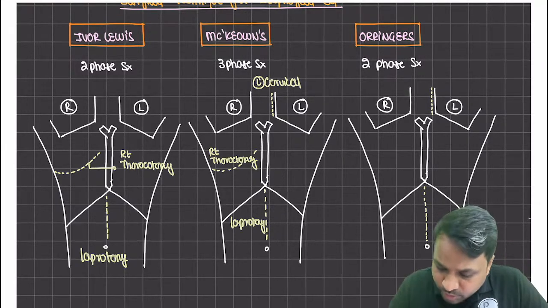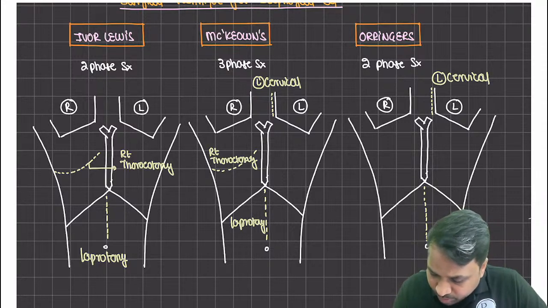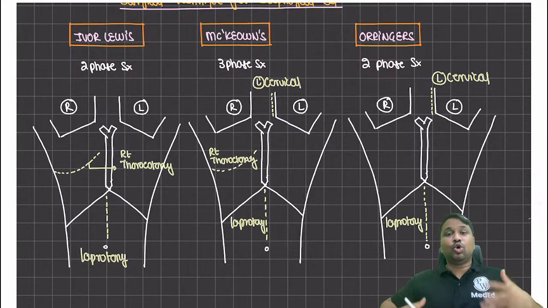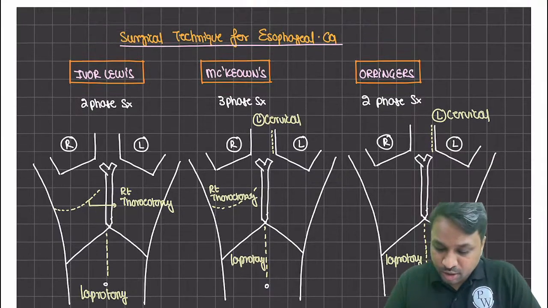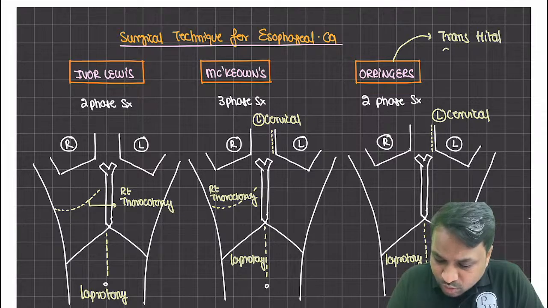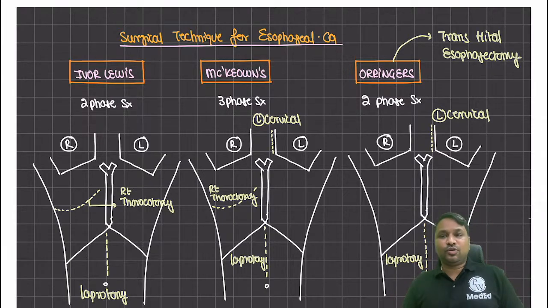In Orringer, you're doing only the left cervical incision and you're performing a laparotomy. Now, because there is no thoracic incision in Orringer, it is also called a transhiatal esophagectomy.